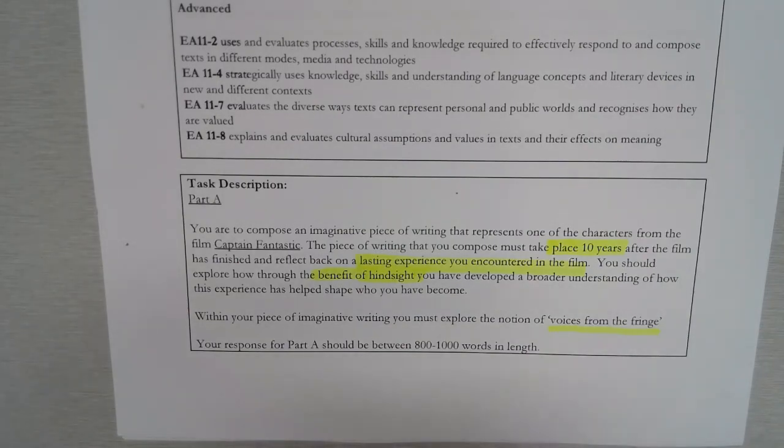Are they less on the fringe, and they're able to look back on their experiences from the fringe with new eyes? Your response for part A should be between 800 and 1,000 words in length.